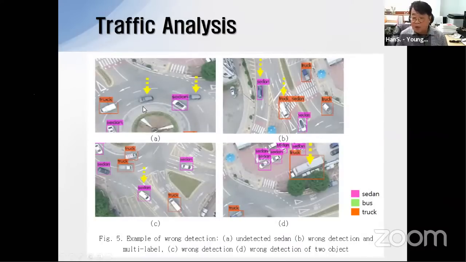Our system cannot detect a car whose color is similar to the road. The resolution of the camera is too low, so it is not easy to detect correctly. Sometimes it classifies a truck as a sedan, something like that.